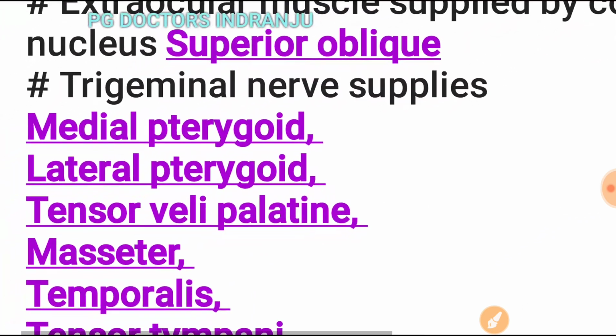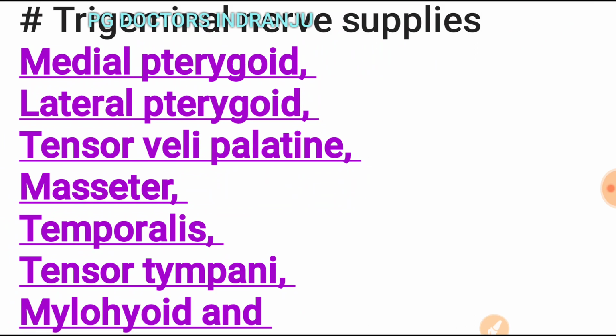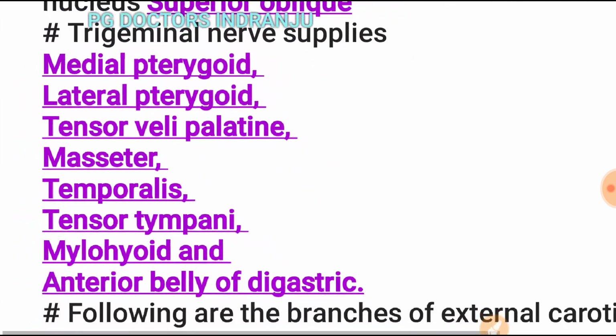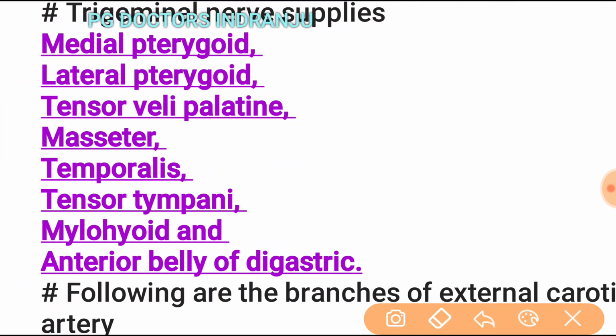The trigeminal nerve supplies medial pterygoid, lateral pterygoid, tensor veli palatini, masseter, temporalis, tensor tympani, mylohyoid and the anterior belly of the digastric.